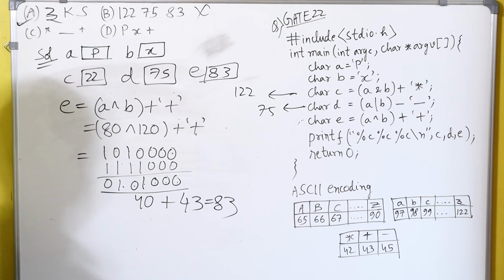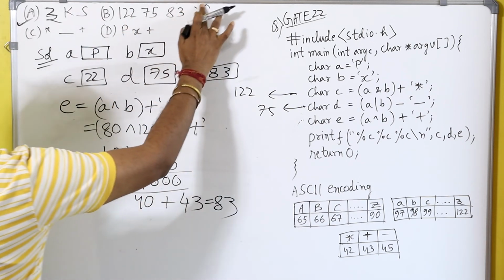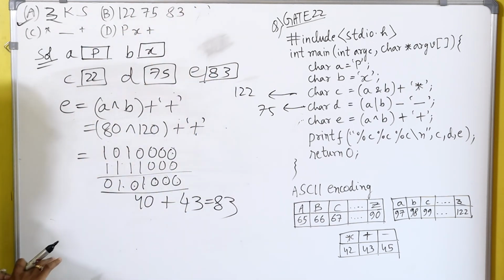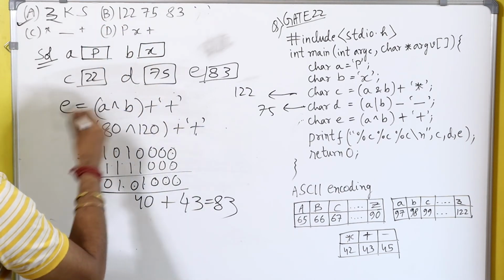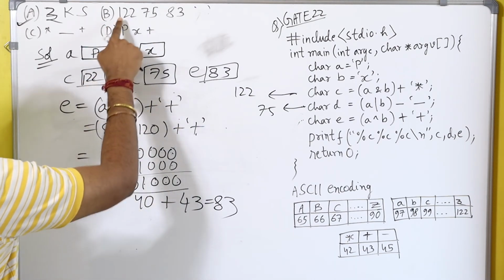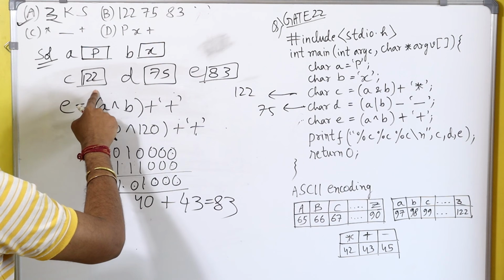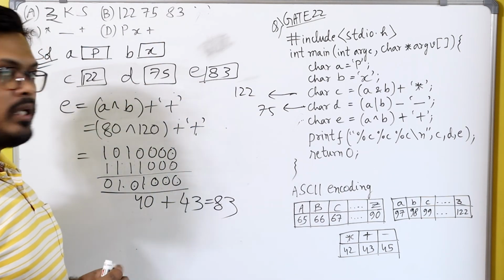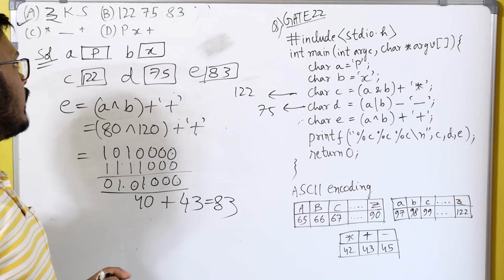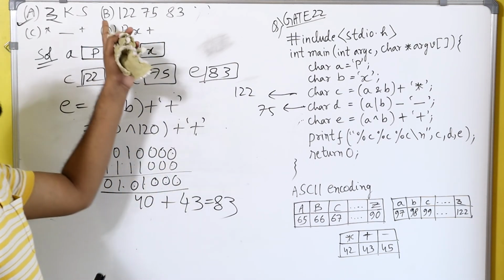So now let's check the option. So is it option B? So C has the value 122, sorry. So is it option B? So many students, they may make some mistake and they will tick this option.